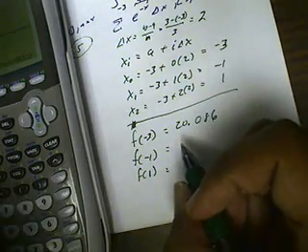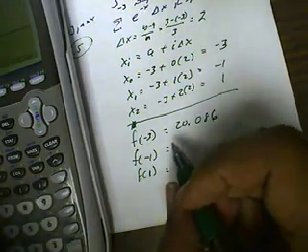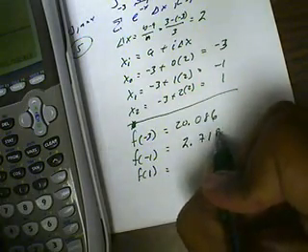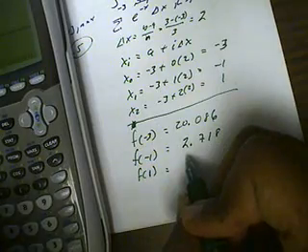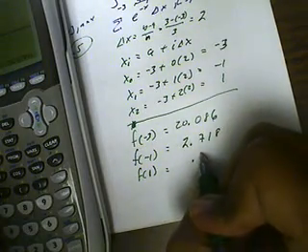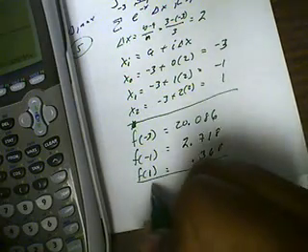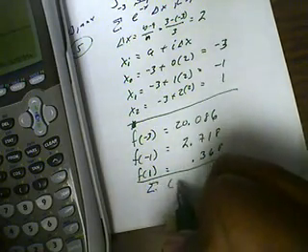20.086. -1 into the function, I get 2.718, and put 1 into the function, I get 0.368. Alright, I'm going to get the sum of that.